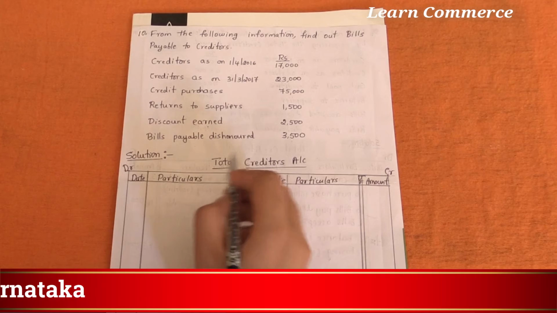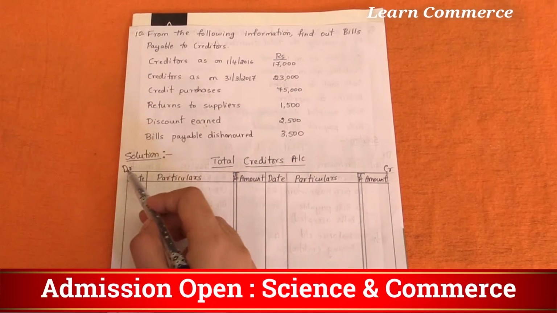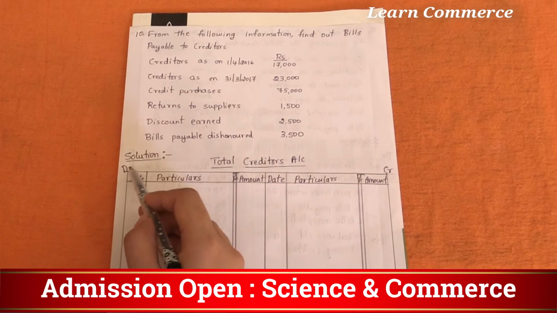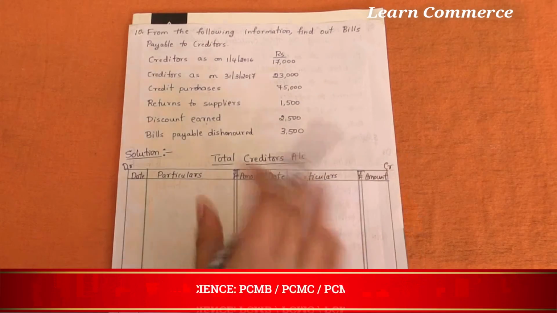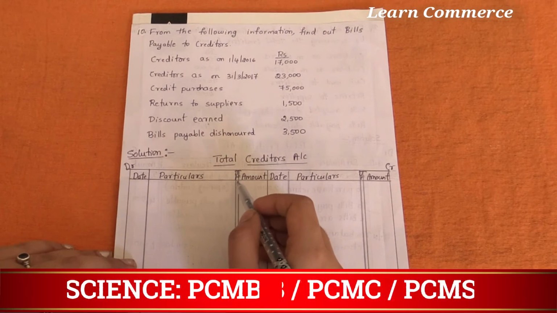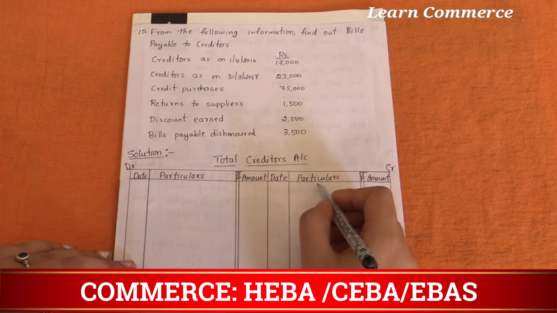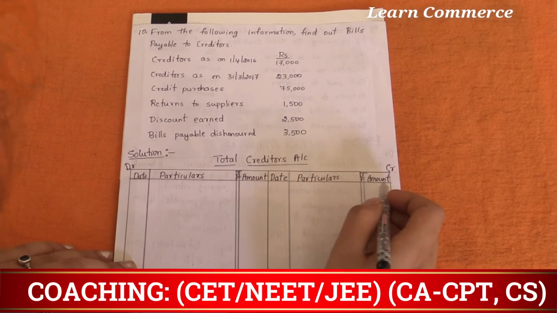Solution: write the heading total creditors account, draw the ledger, then debit, credit, compulsorily you must write this. Then date, particulars, journal folio, that is JF, then amount, date, particulars, journal folio, amount.